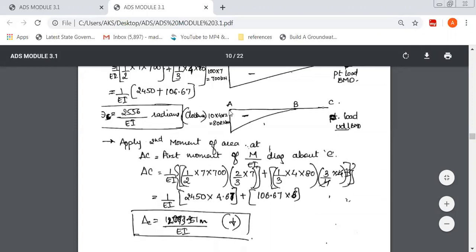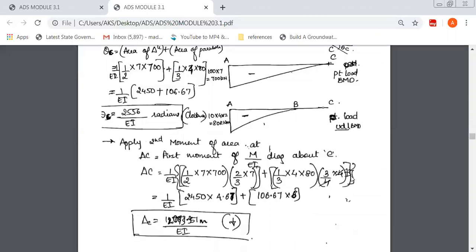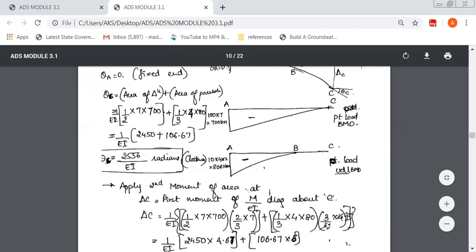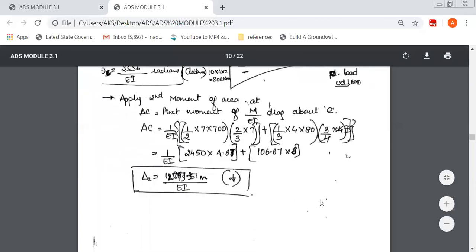The CG of only the parabola is 3/4 of 4 meter. But we are finding the CG with respect to C, so you have to add 3 meter here. So 3/4 of 4 plus 3 meter will give you the CG with respect to C.